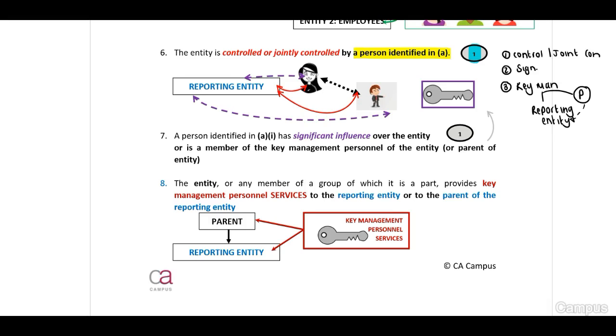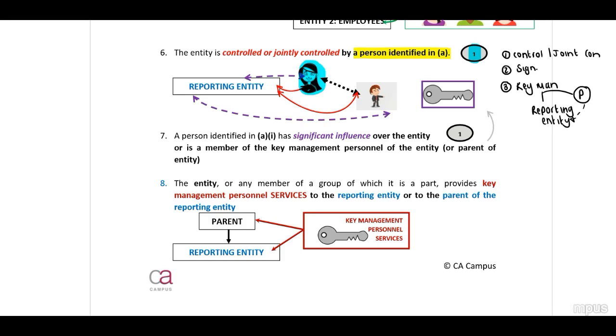Now, this paragraph indicates that the entity is controlled or jointly controlled. Therefore, in our scenario, this will be the spouse controls our reporting entity.